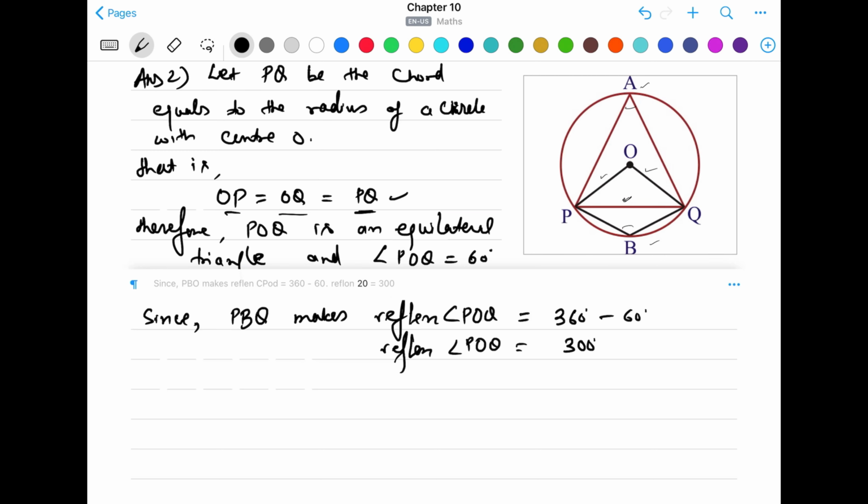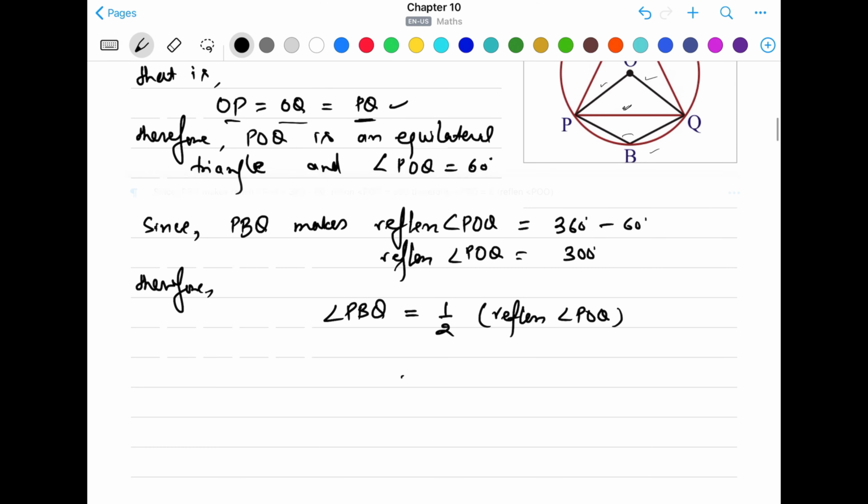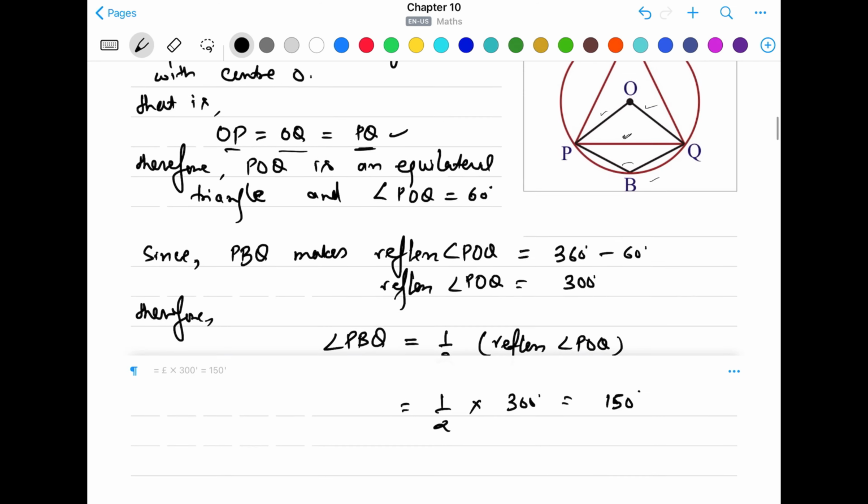This is POQ, which is now 300 degrees, and this is the angle made by the arc at the center. Therefore angle PBQ will be equal to half of reflex angle POQ. So PBQ is half of 300, that is 150 degrees. Okay, so we got the value of angle PBQ as 150 degrees.